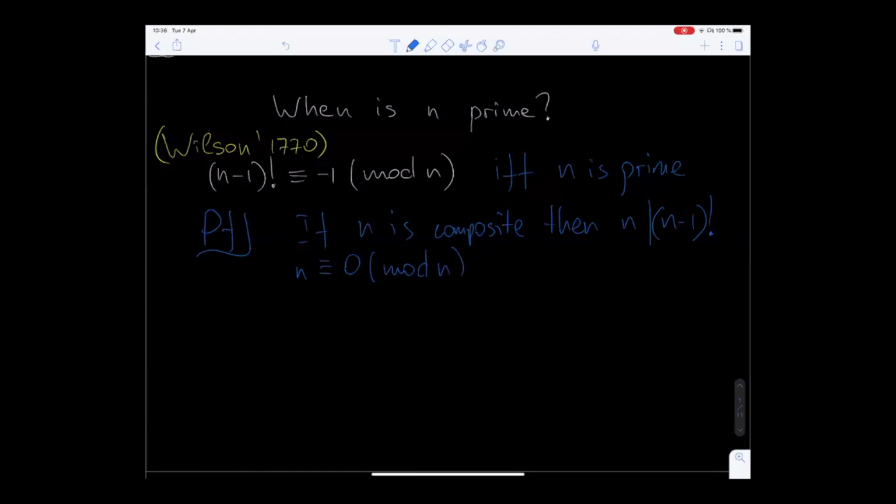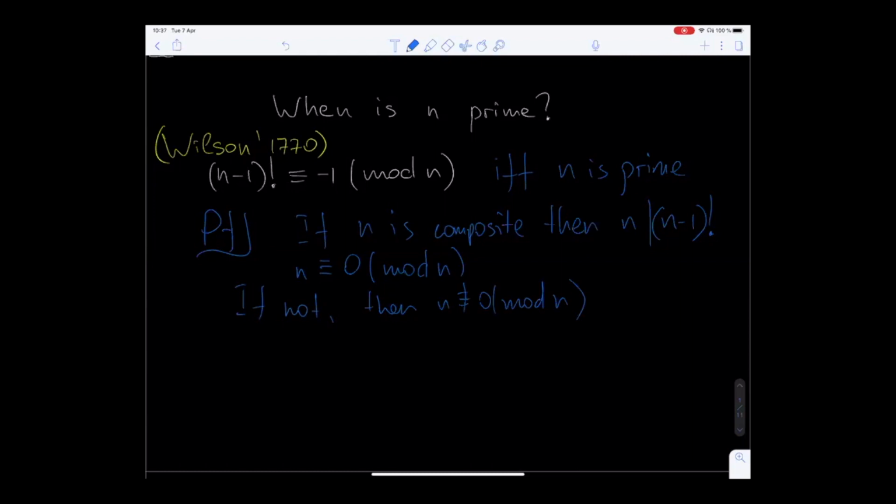I use this vertical line to denote the fact that the left number divides the right number. If n is prime, then (n-1) factorial is not congruent to 0 mod n, and that would already be a good enough test, checking whether it's zero or non-zero mod n. But let's see why it should be exactly -1.